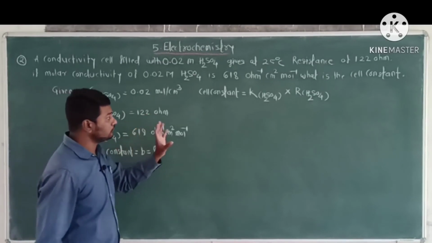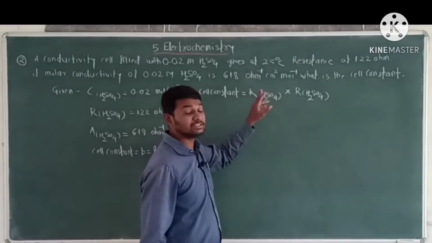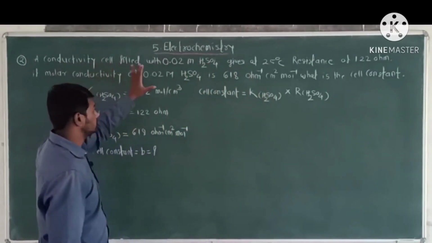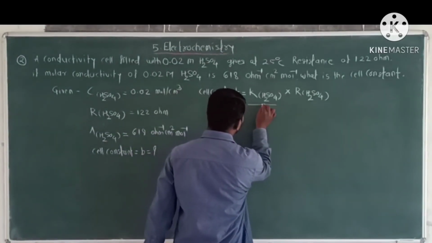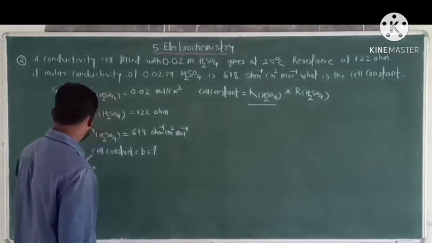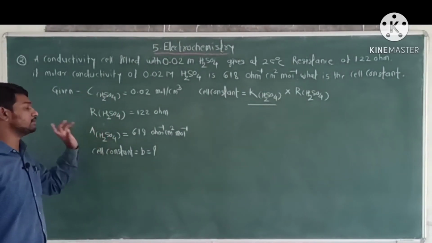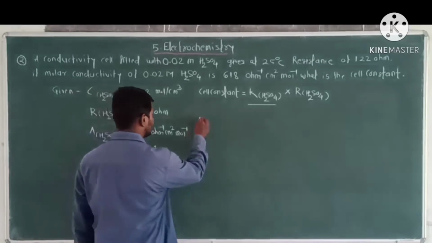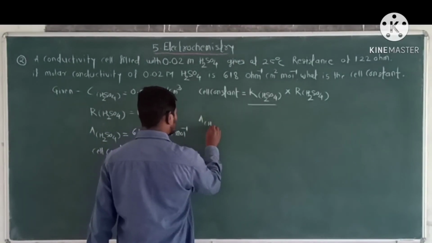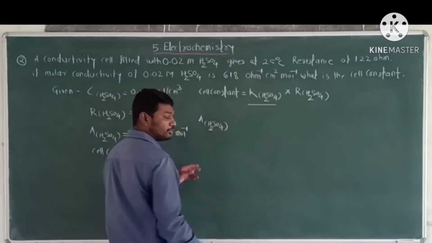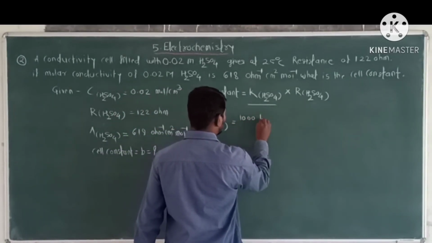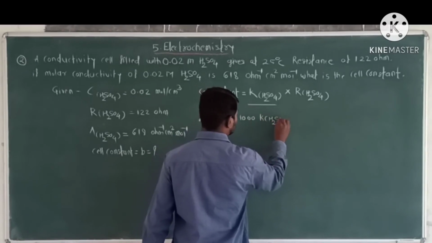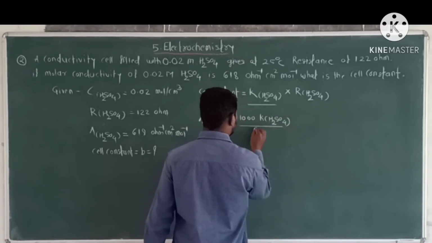Now the conductivity of sulfuric acid is not given in this numerical. So first of all, calculate the conductivity of sulfuric acid by using the molar conductivity of sulfuric acid. The formula is: molar conductivity of sulfuric acid, lambda of sulfuric acid, is equal to 1000 conductivity of sulfuric acid divided by concentration of sulfuric acid.